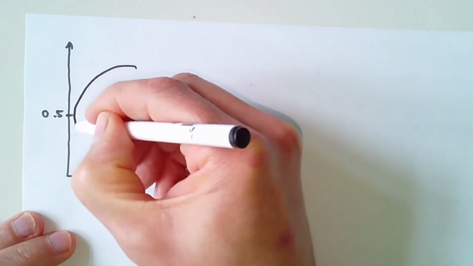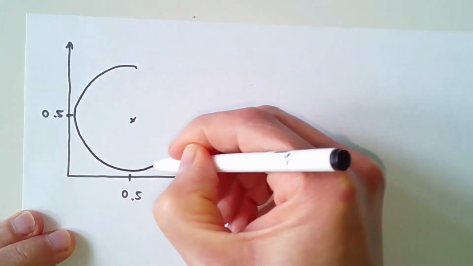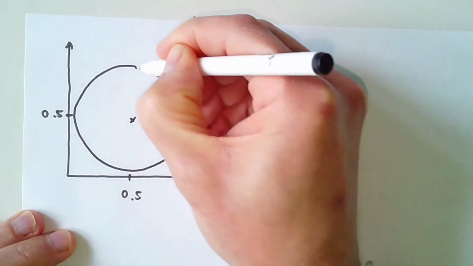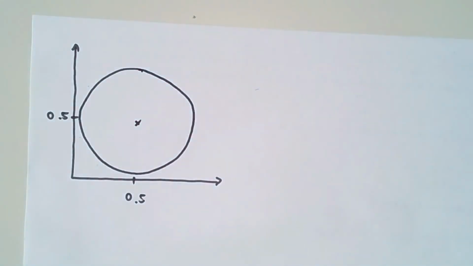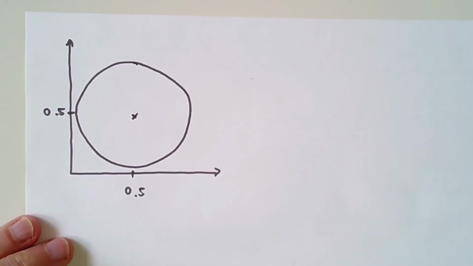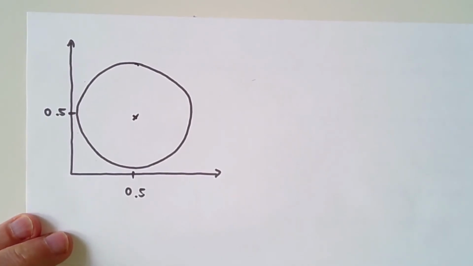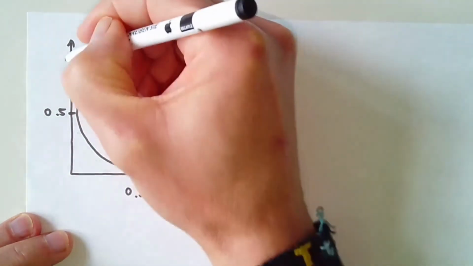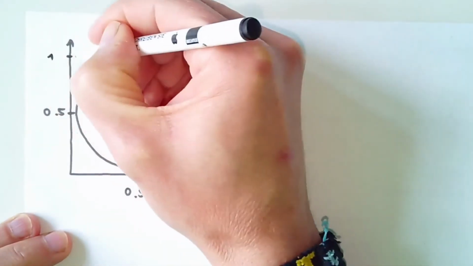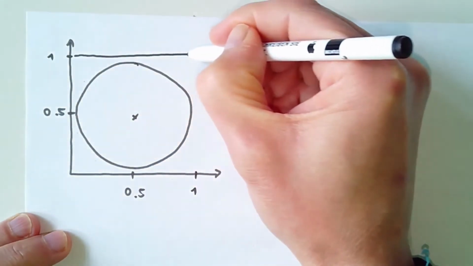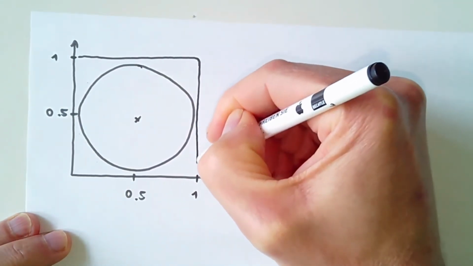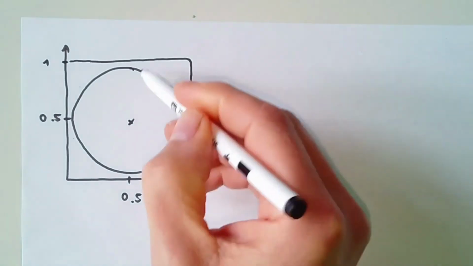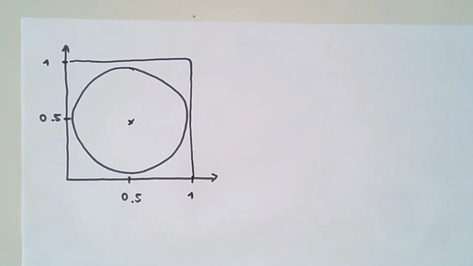Please forgive me. Okay, so this is the circle that we had constructed, and we are now placing random points in this 2D plane, and the random points are located in this square. The square has borders at 1, so this would be the square. Of course the square should touch the perimeter of the circle here.